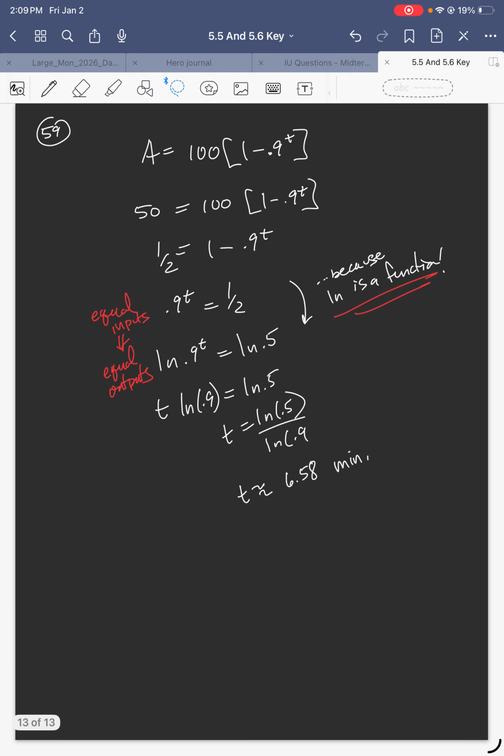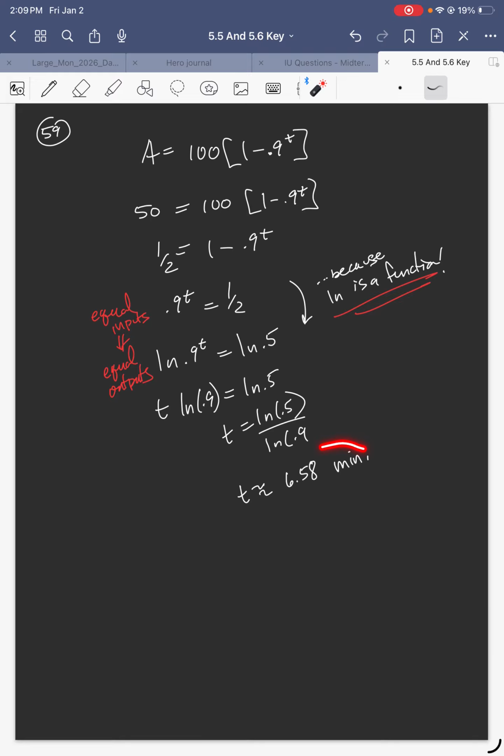Cool. And then here, this one should be pretty doable, pretty test worthy. If this is my function and you have 50 as your output, then how long would it take to get from 100 to 50?